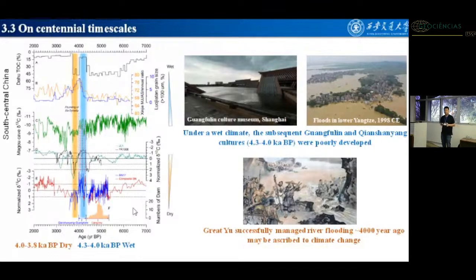But it was impossible for people to control water at that time, so we think this may be ascribed to climate change from wet to dry.